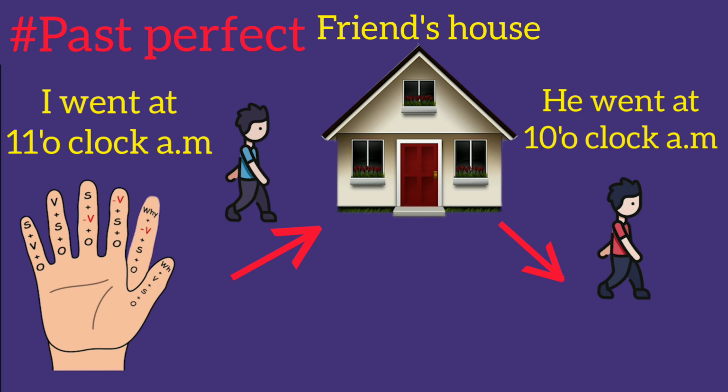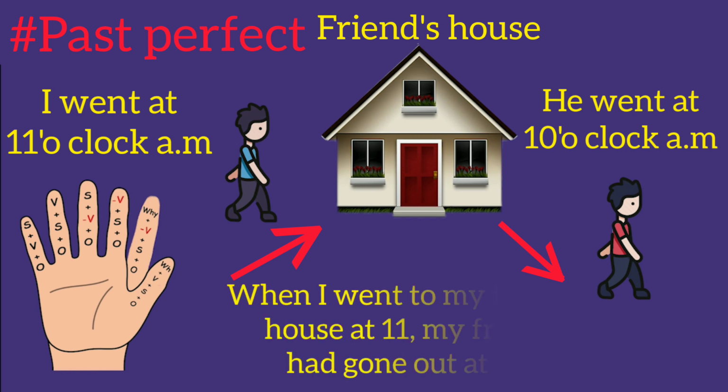So, the correct form of the above sentences will be: when I went to my friend's house at 11, my friend had gone out at 10.